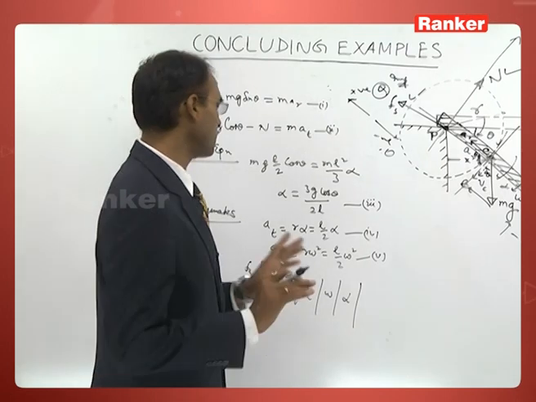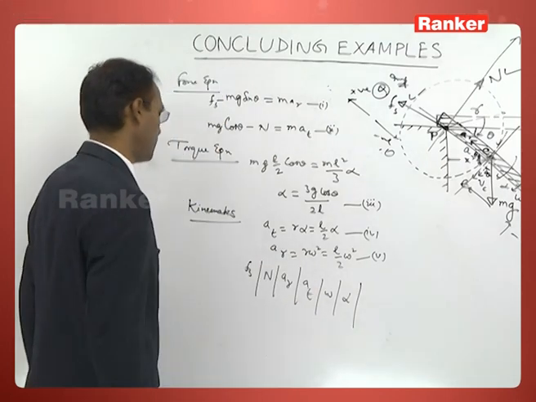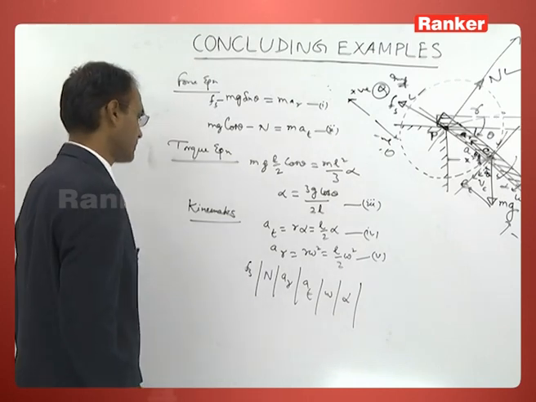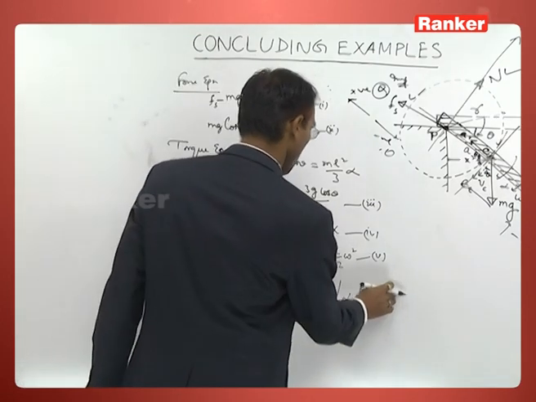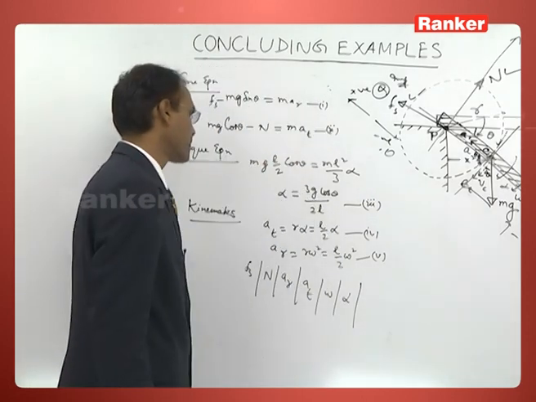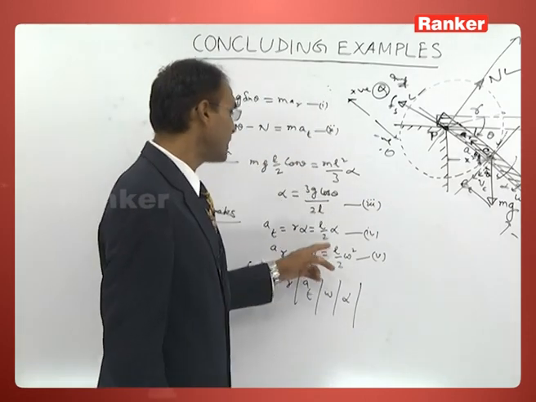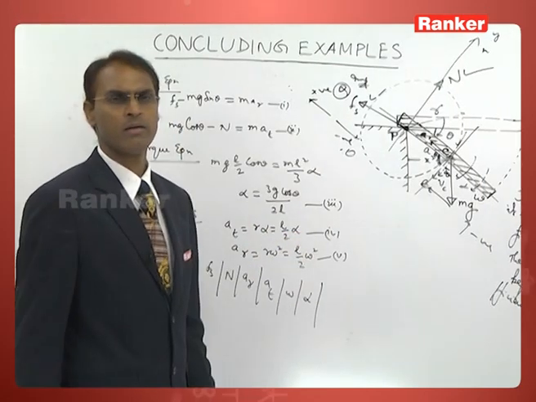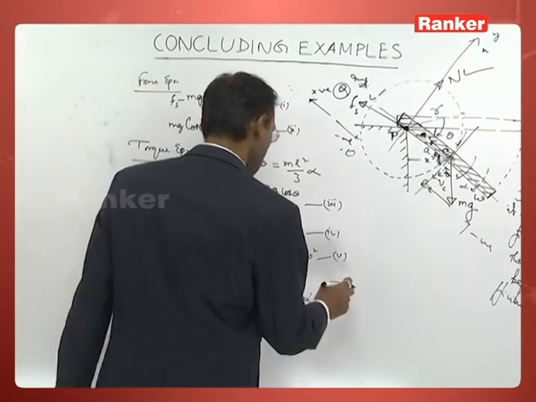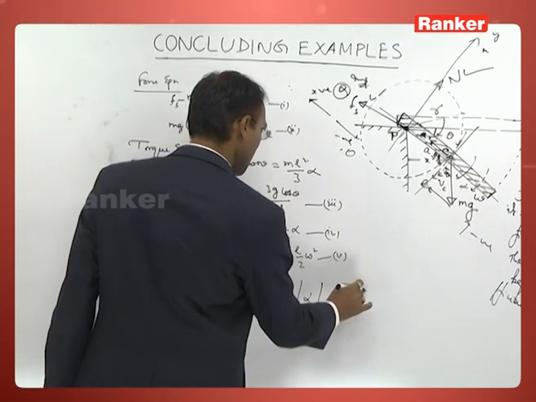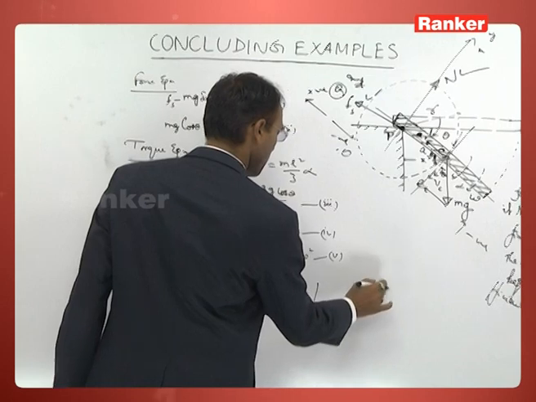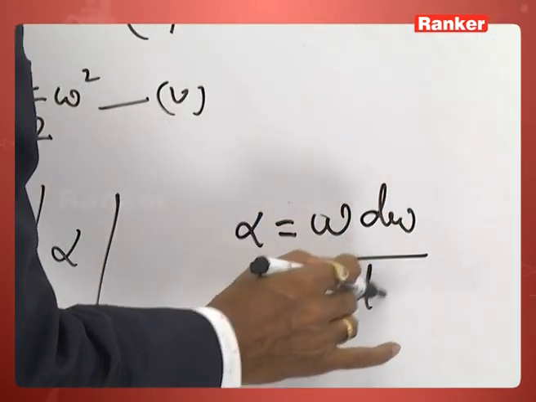We need one more equation, and that will be the equation which relates alpha and omega. That equation is the kinematical equation: alpha is equal to omega d omega by d theta.